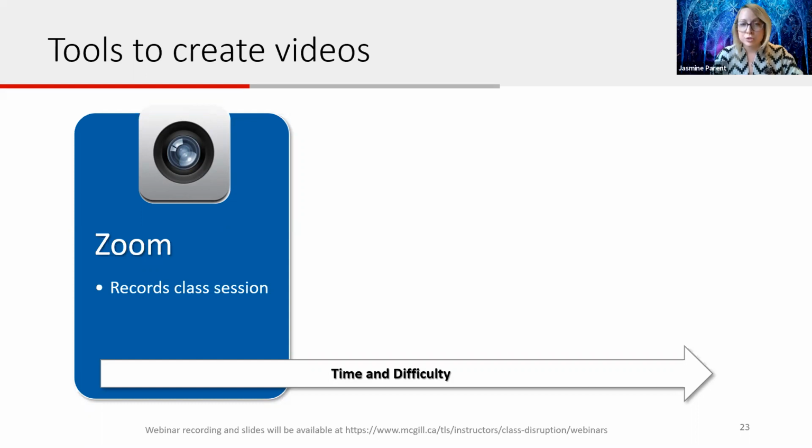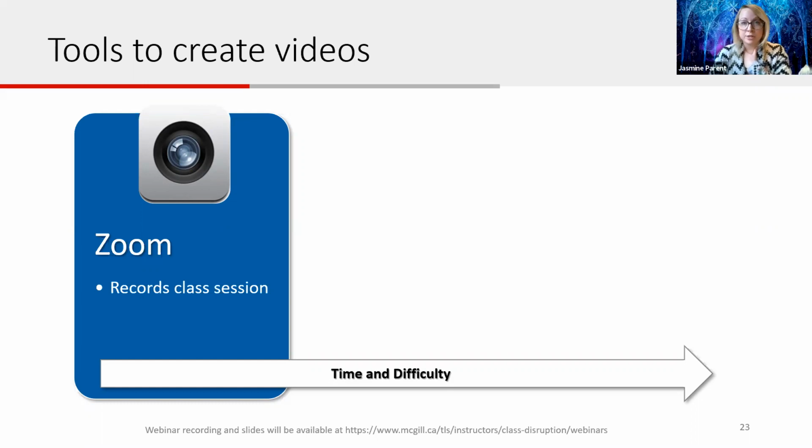Zoom is likely the most straightforward and streamlined way to go about recording a lecture. If you log into the platform through mycourses and record from there, when you're done, the recording is automatically saved and uploaded to the lecture recording system in your course so that students can access it. The pros are that it's straightforward.